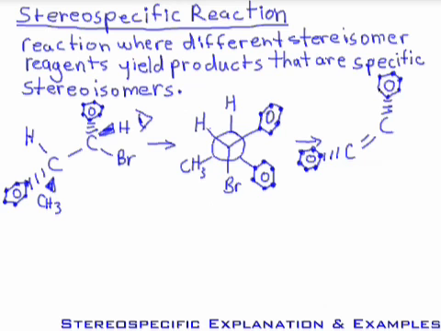They're on the same side. And here we have a methyl, and here we have an H. It looks like we produced the cis product, the cis alkene.